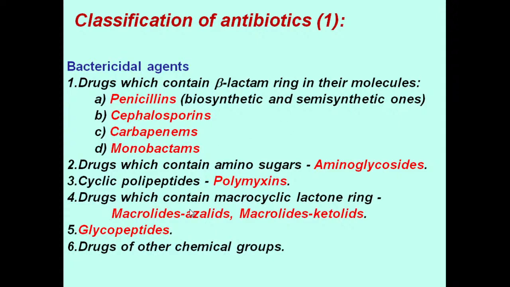Following group: drugs which contain a macrocyclic lactone ring, macrolides, azalides, ketolides. Simple macrolides without addition belong to bacteriostatic agents. Bactericidal include macrolides azalides and macrolides ketolides, but the chemical structure of simple macrolides and these macrolides are very close.